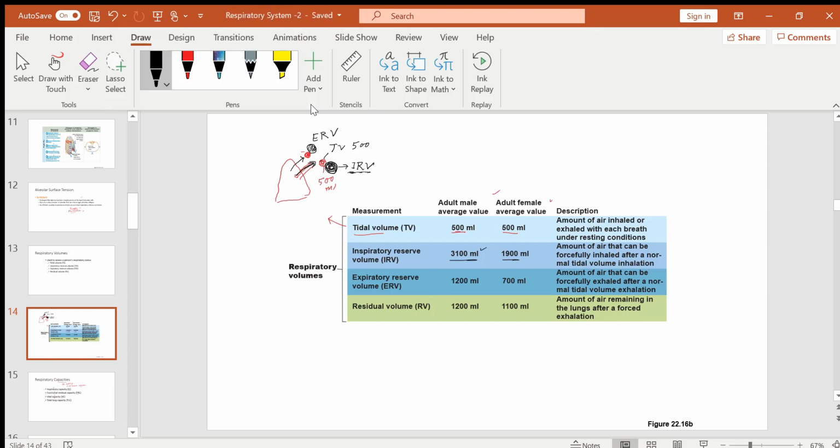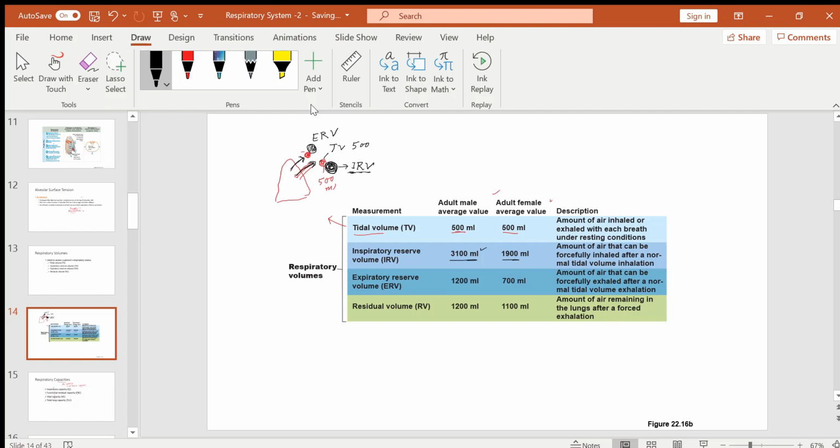Another is during exercise, we always take more air, right, more than normal. For expiratory reserve volume, a good example would be if I ask you to blow a balloon, you will try to push as much air as you can from the lung to expand it.